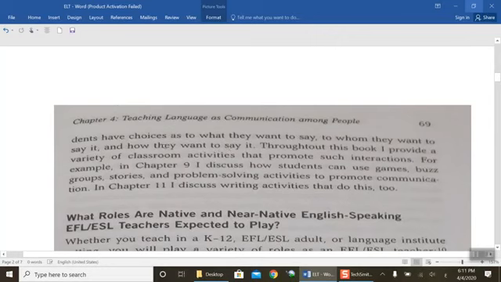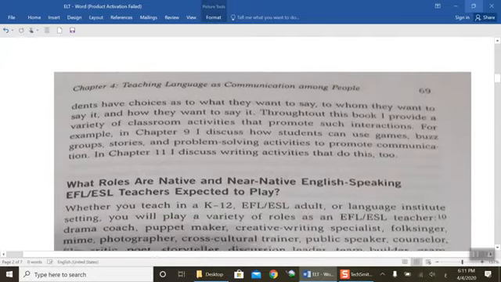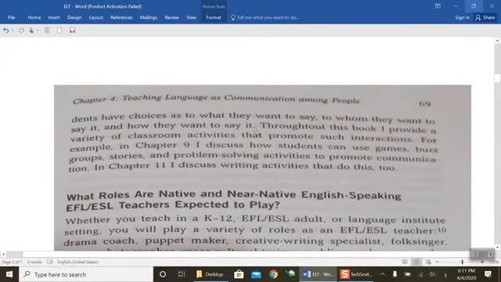So you have choices as to what they want to say, to whom they want to say it, and how they want to say it, with whom you want to negotiate, to communicate. These are the 4 factors. You see, we have these 4 factors. They are very important and they are very easy.